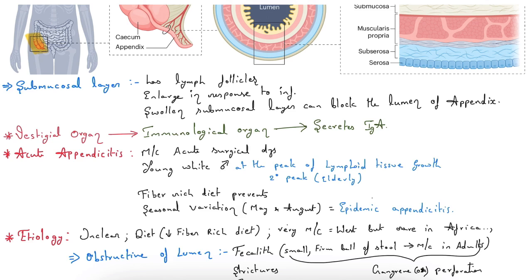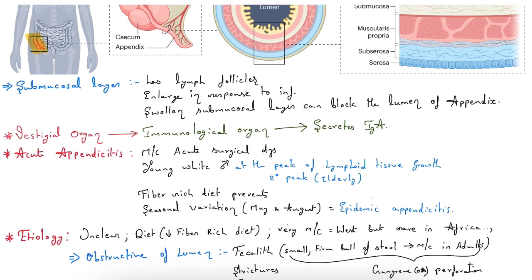mostly seen in young white males at the peak of lymphoid tissue growth, with a secondary peak in the elderly. Okay, a fiber-rich diet will prevent appendicitis, because, as I told you, appendicitis is caused by something blocking. What is blocking? Hardened stool called fecalith, swollen lymph tissue, worms and tumors.